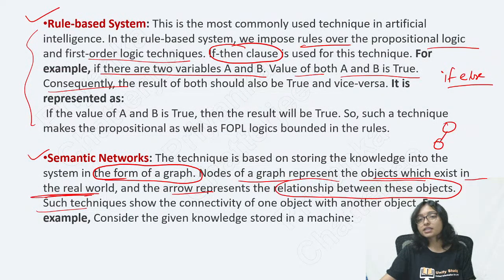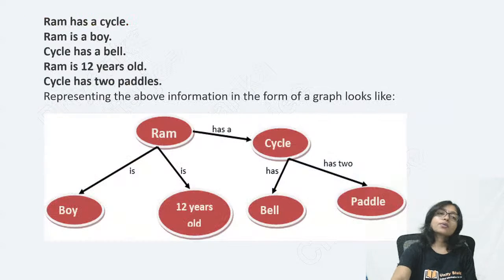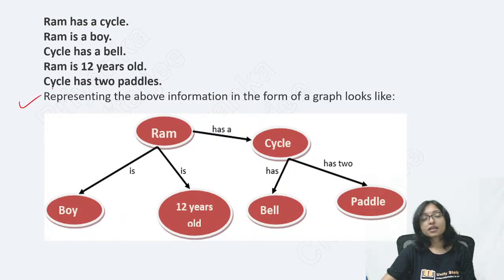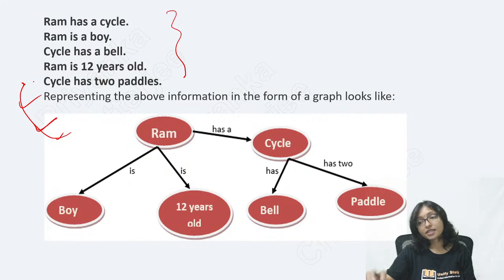Nodes are the objects and arrows are the relationships between the objects. You can see here is a semantic network. They can give you this type of graph and ask, from this graph, what type of knowledge are you getting. This type of question can also be asked.